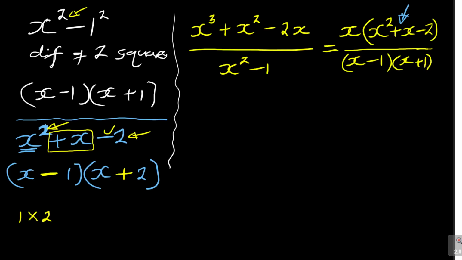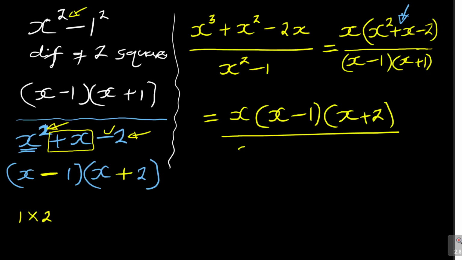So the final answer becomes x minus 1 there. So we write equal to x, bracket x minus 1 and x plus 2, and then all over x minus 1 and x plus 1.